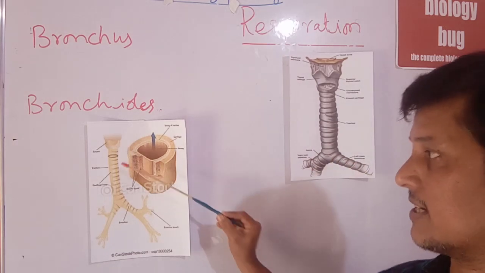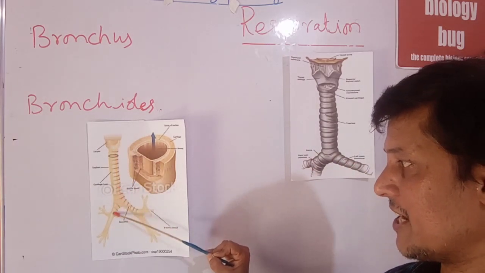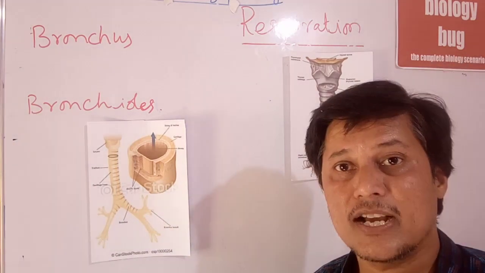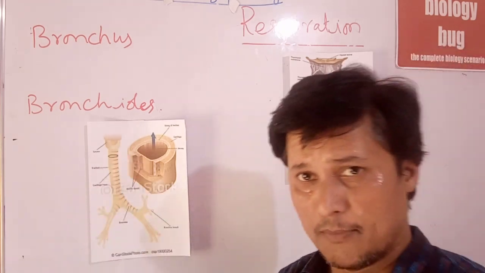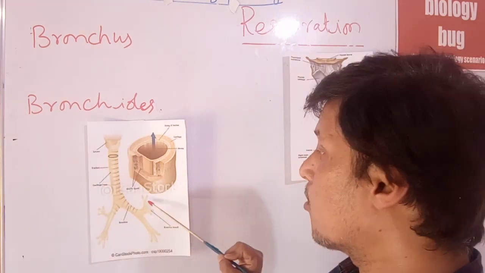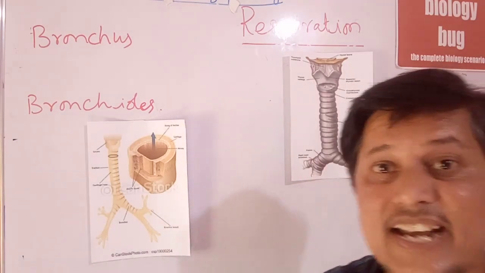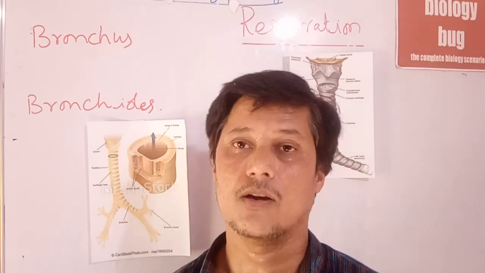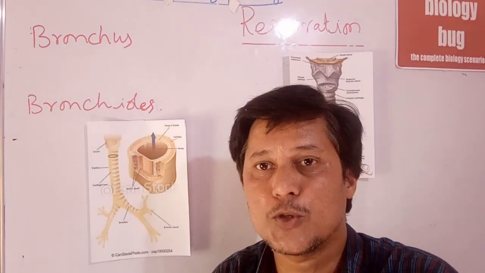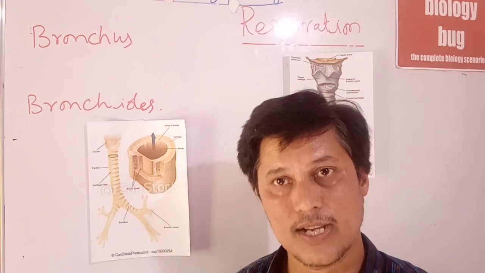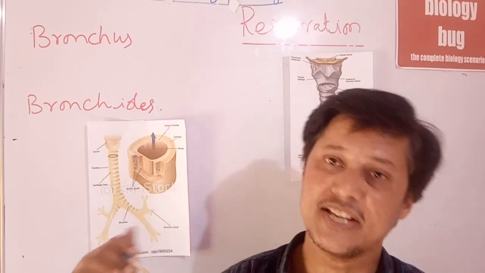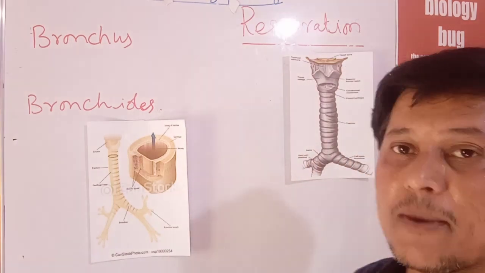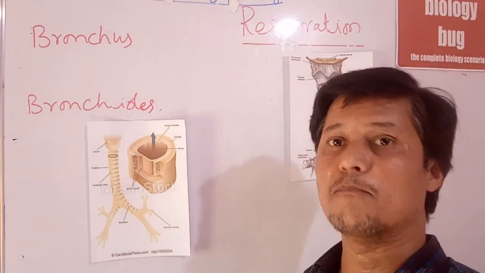Those are called bronchi. Each bronchus enters each lung, and the bronchus divides into many more branches, which are called bronchioles. Those are very tiny.